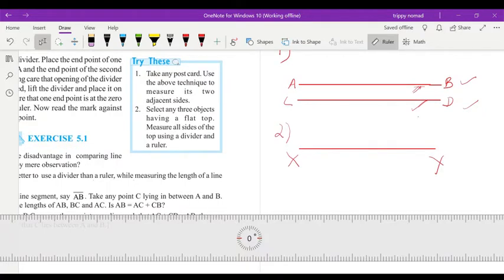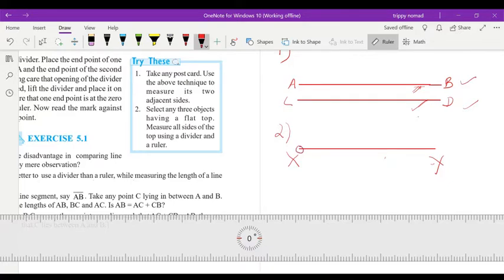Why, children? Because when we keep the scale on this line segment to measure the length, it will give you a little difference, or it will give you an error. Due to what? Because of the thickness of the lines and because of the thickness of the scale. So it's better you should use a divider.